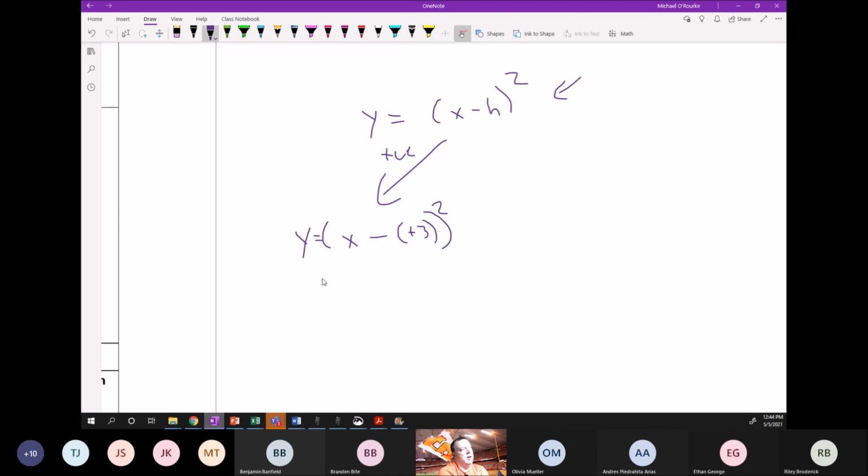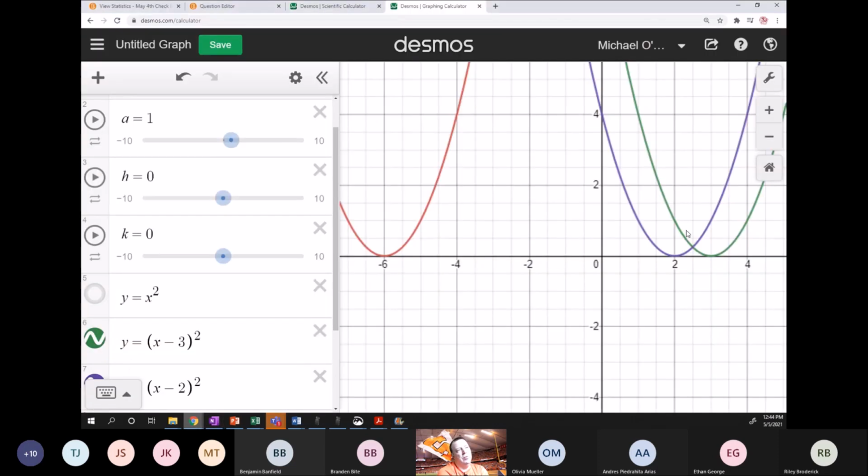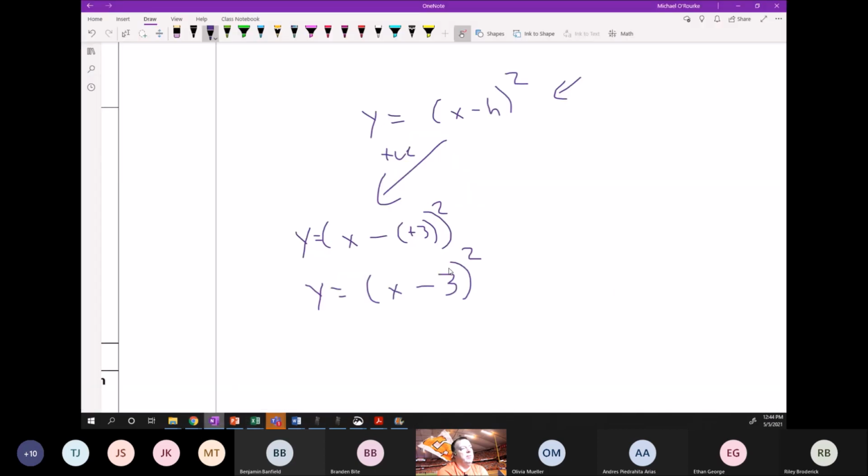That negative times a positive is going to equal a negative. That's why, if you see a negative inside there, it actually moves to the right. Even though it's negative, like this here is negative right here, it still goes to the right 3.